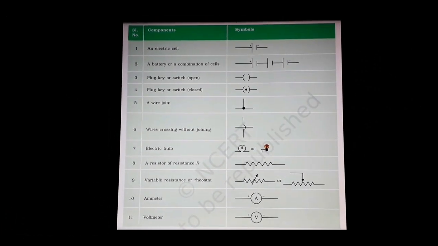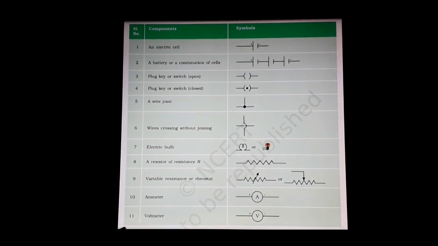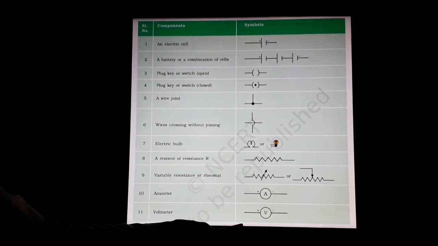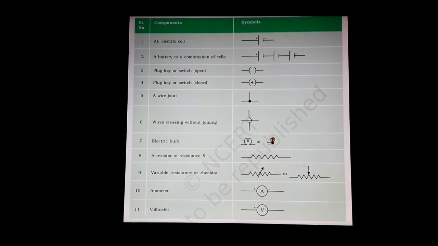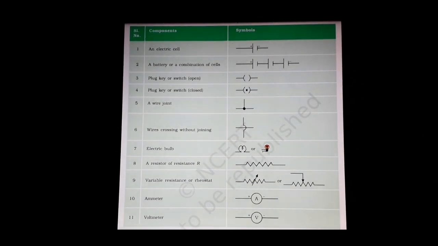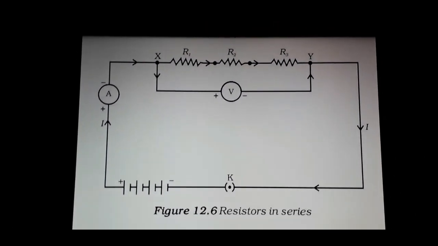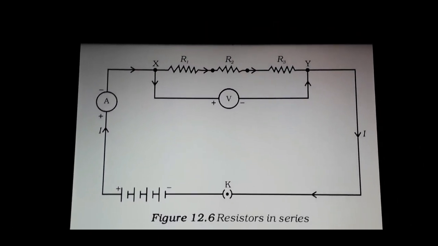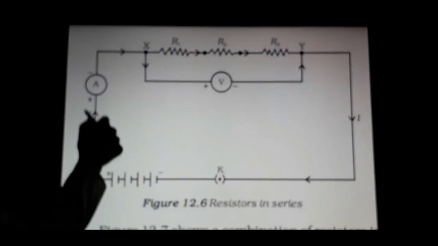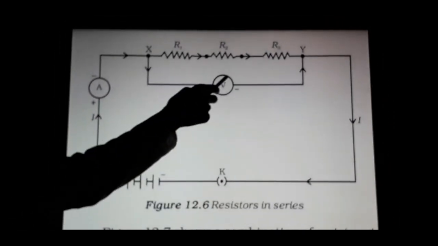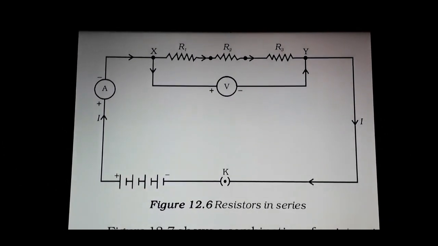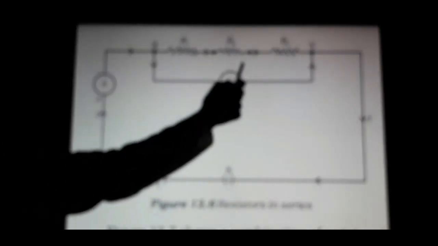Now, as we have seen the components and their symbols of electric circuit, let's move on to the combination of resistors in series as well as in parallel. The diagram you are seeing is the combination of resistors in series. We have used the simple circuit diagram here, but we have used three resistors which are in series, which means they are continuous in a line.